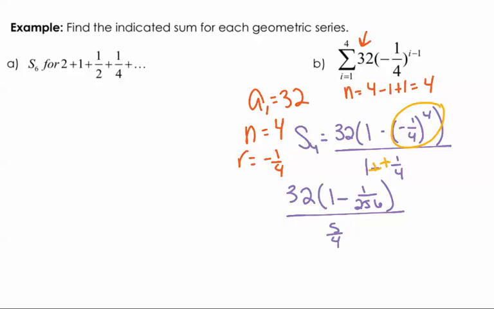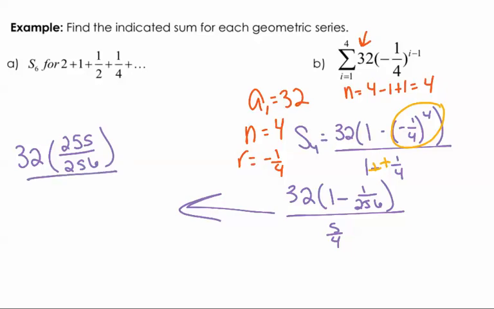So now if I did 1 minus 256, I'm going to end up with, I'm going to go this way, guys, you go on your paper the other way, 32 times 255 over 256 all divided by 5/4.